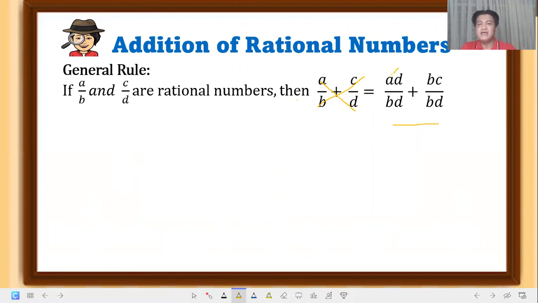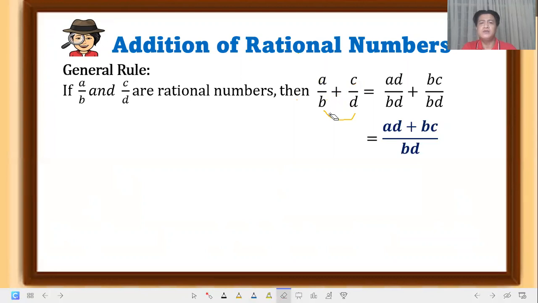Tapos B times C, kaya ito ay BC. And you're going to multiply both denominators, kaya B times D, BD, to make it similar or equivalent fraction. Okay, with that, kapag sinimplify natin yan, magiging AD plus BC over BD. Okay, kasi di ba similar fraction na sila.